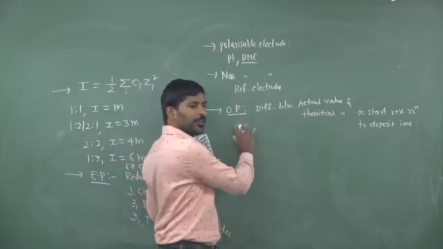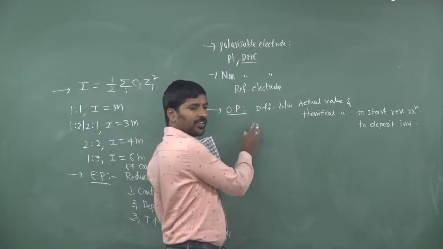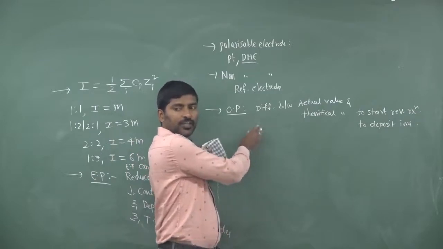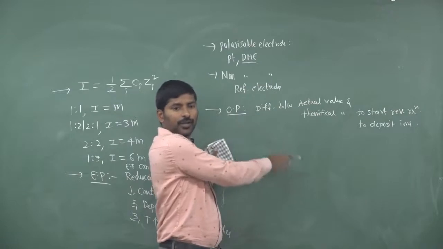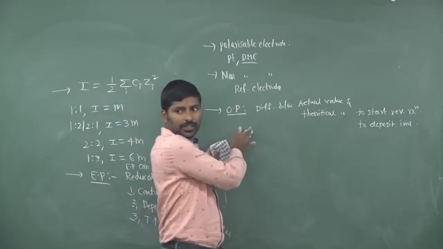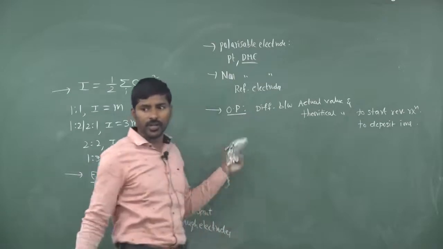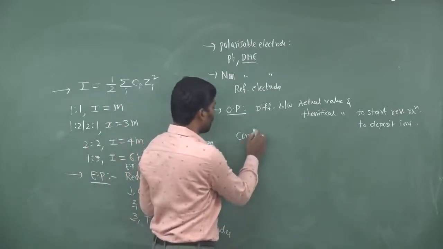That may also be observed due to a concentration gradient. If ions present at the electrode surface are deposited on the electrode, but ions are not moving from the bulk to the electrode surface at the same speed, in such cases we can also observe overpotential. Such overpotential is called concentration overpotential.